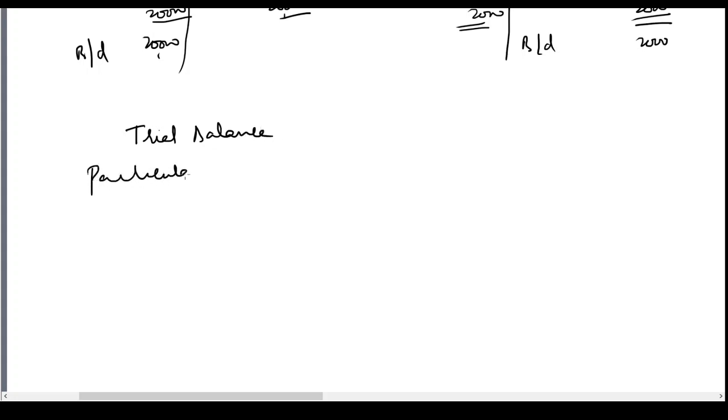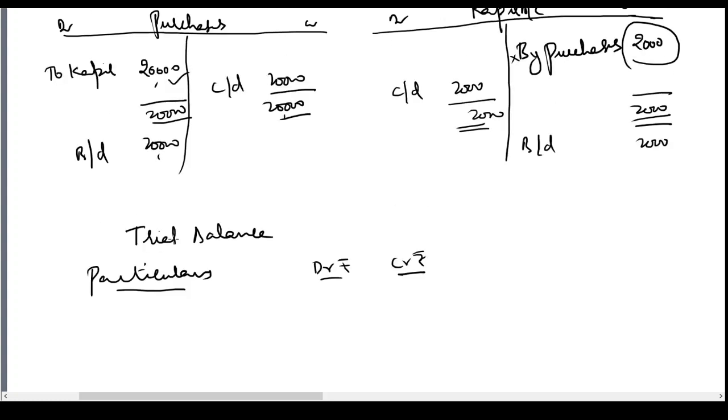Particulars, debit rupees, credit rupees. Now I have the purchase account balance here. Purchase account is showing a debit balance of 20,000. Kapil account is showing a credit balance of 2,000.